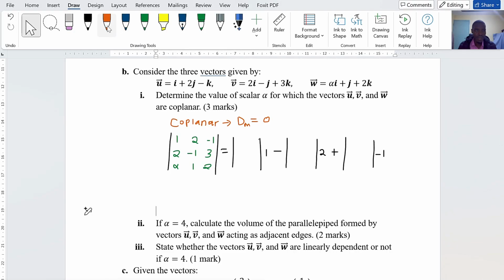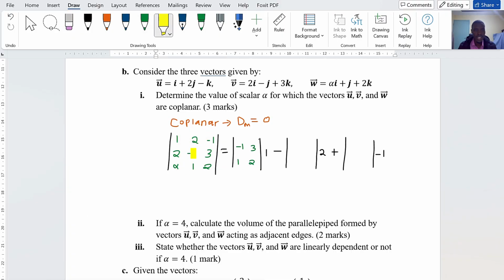Now let's pick our matrix as before. We want the matrix for I. We delete that first row and first column. Now the matrix is -1, 3, 1, 2. So the matrix is -1, 3, and then 1, 2. Now we do the same.